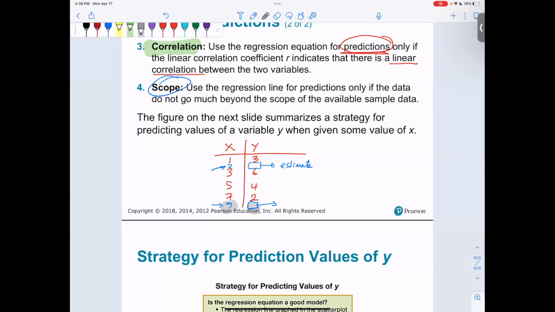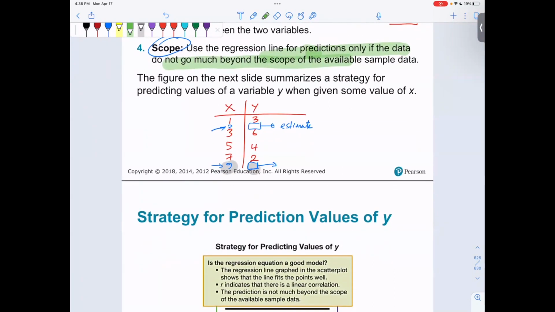And when we use this one for prediction, we shouldn't go really far from the highest value. So if we have 7 here, we might say that prediction at 9, maybe 10, 11, I don't know. But we cannot say that we use this function to predict if we have a value of X equal to 75.